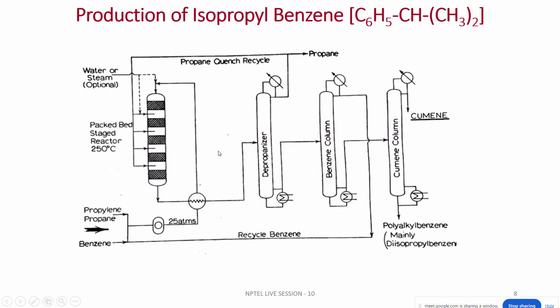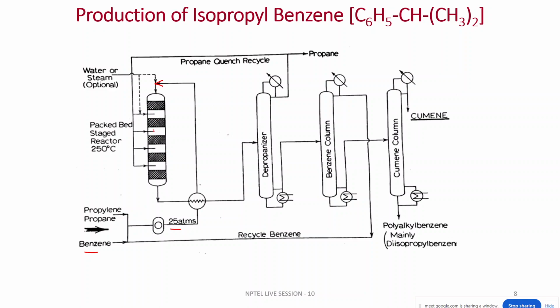So in this process, we can see that the propylene, which comes from the refinery gas from the naphtha steam cracking plant, is mixed with the benzene and then it is compressed to 25 atmospheric pressure and fed from the top of the packed bed column.